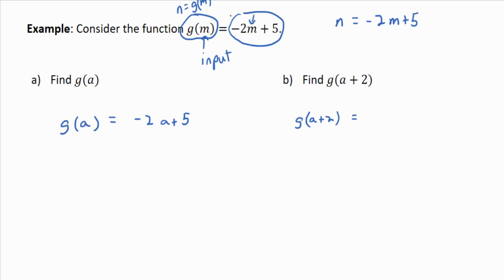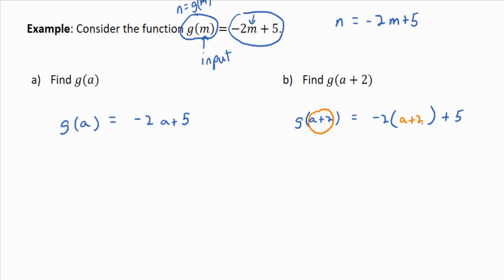So instead of negative 2m plus 5, make it negative 2 parentheses, notice I made them wide parentheses, plus 5. And inside the parentheses, instead of m, the new input is the whole quantity, a plus 2. It's consistent. We're doing the same exact thing we did in the last 3 examples.